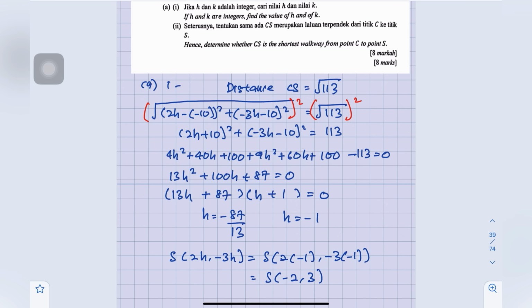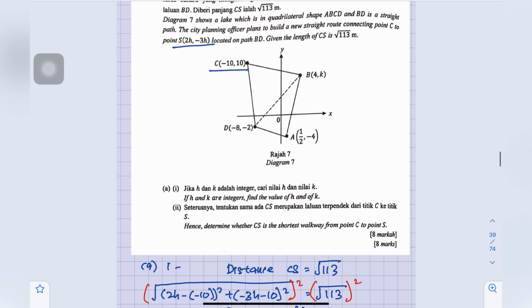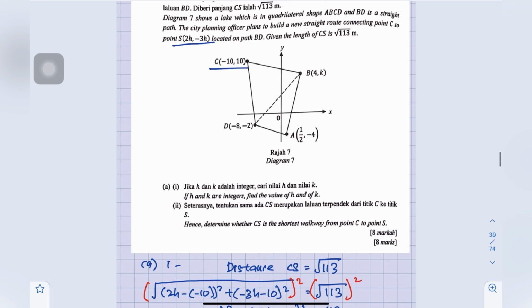Then S is on the straight line BD, somewhere here.